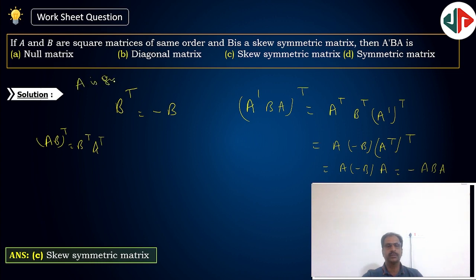A is symmetric and B is skew symmetric, which means A transpose is A. So I got the transpose of this matrix as the negative of that matrix. The transpose of the given matrix is the negative of the matrix, which means the answer is skew symmetric. So here the data is missing and you have to add it as A being a symmetric matrix.